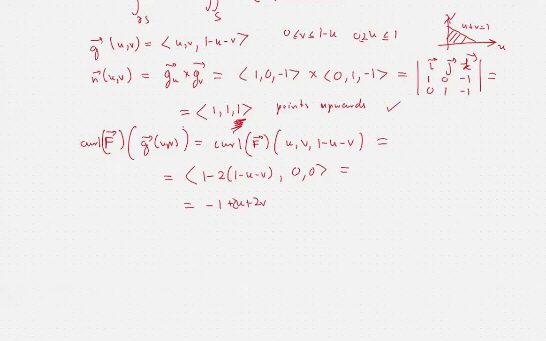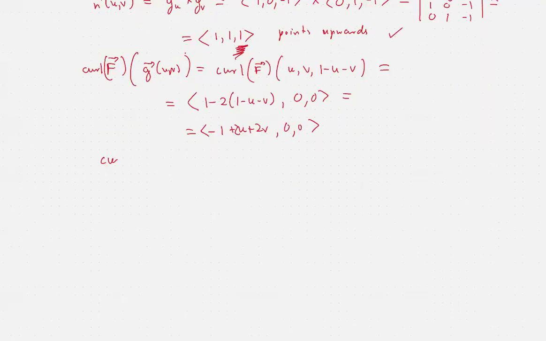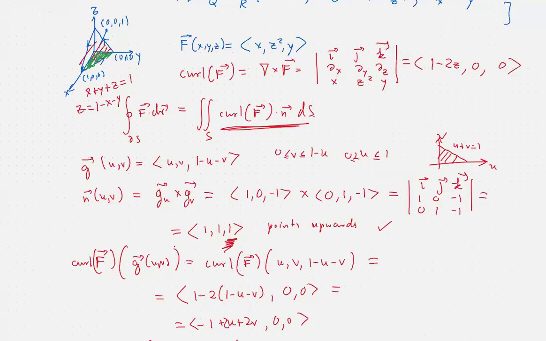Okay, so now we need to take the dot product of what we just found with the normal vector. After all, remember that that's what the expression for the vector surface integral dictates.